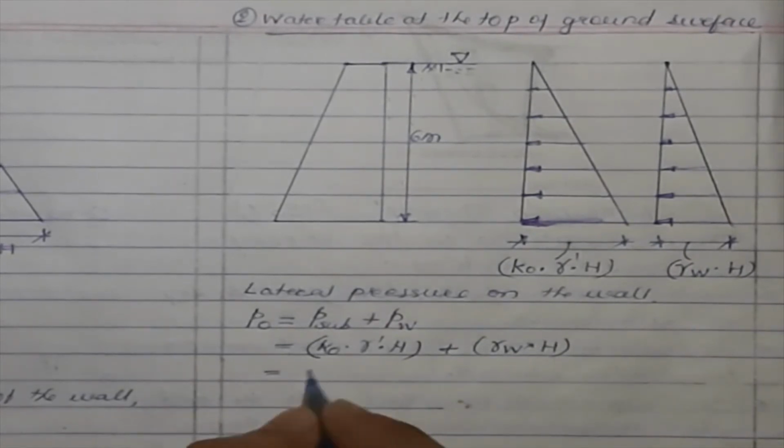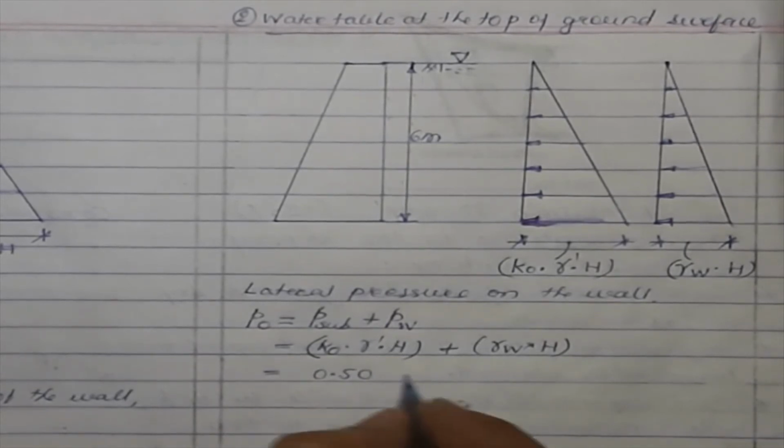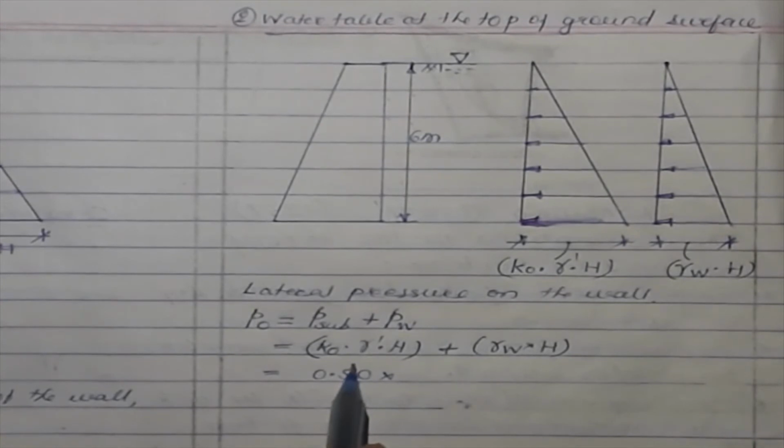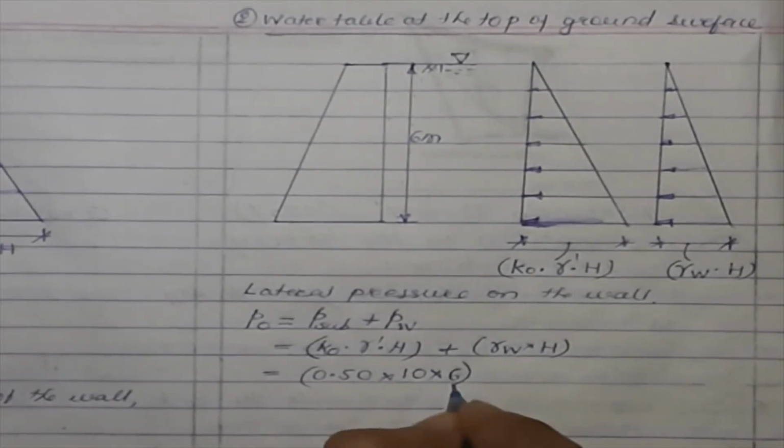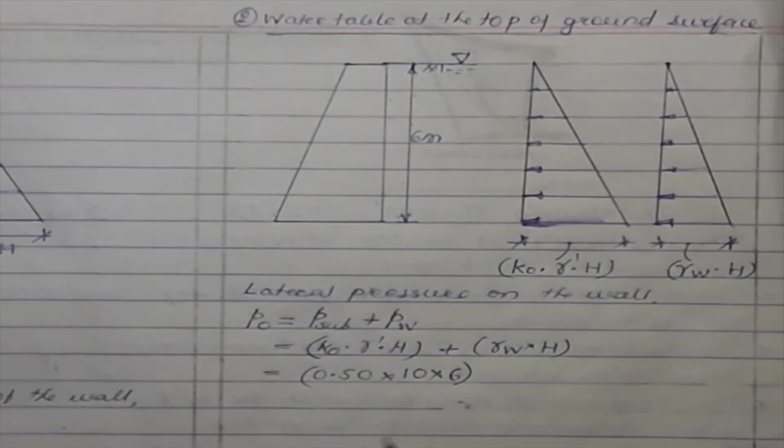Substitute the values. K0 is going to be the same, 0.50, multiplied by submerged unit weight. In the data itself, the submerged unit weight of the sand is given, which is 10 kilonewton per cubic meter. So multiply it with 10 multiplied by capital H, which is 6 meter. This is due to submerged unit weight of the soil plus water.